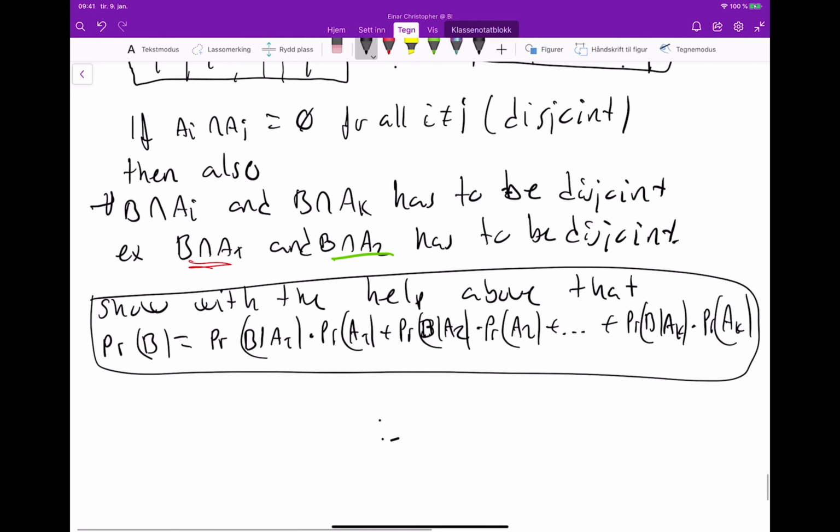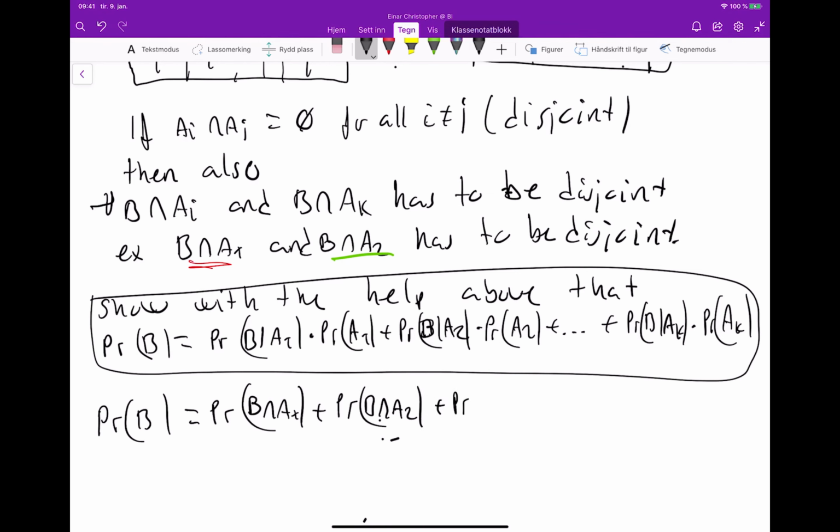Let's do it. We now know that the probability of B is equal to the probability of B and A1 plus the probability of B and A2 plus the probability of B and A3 plus ... plus the probability of B and AK.